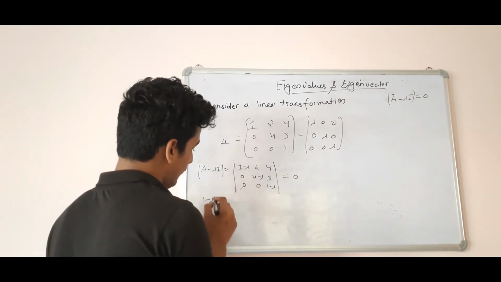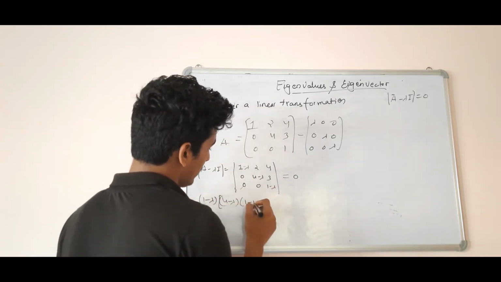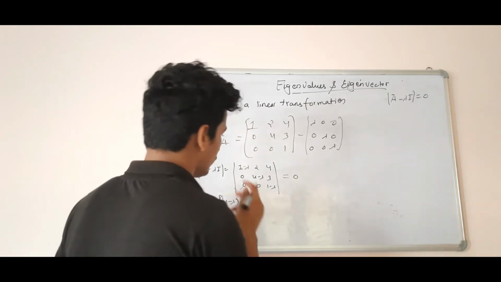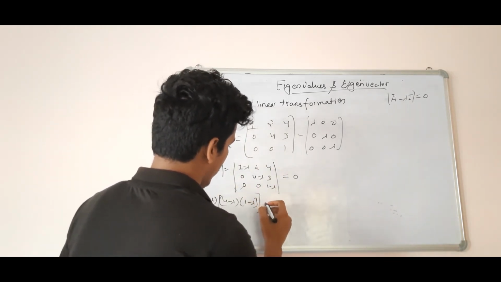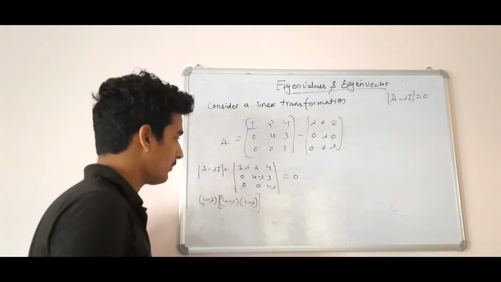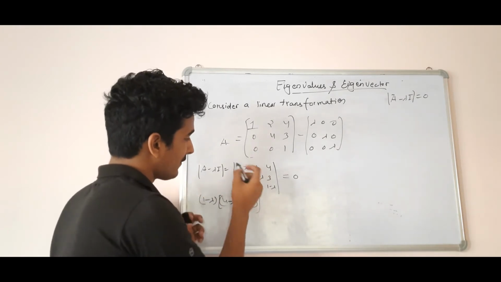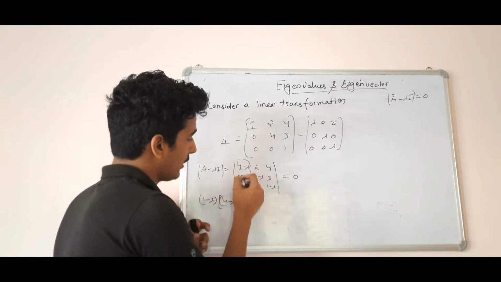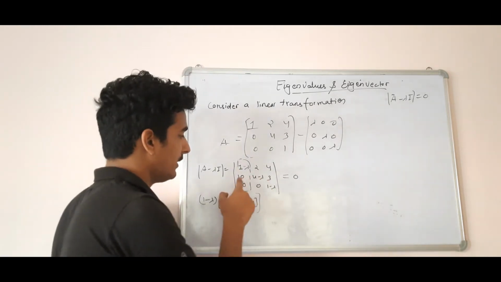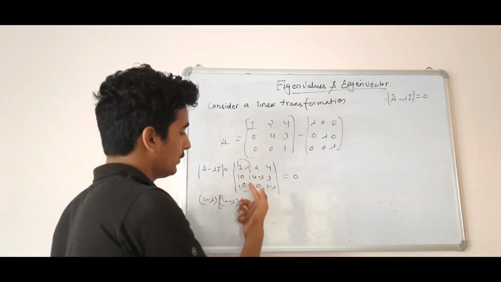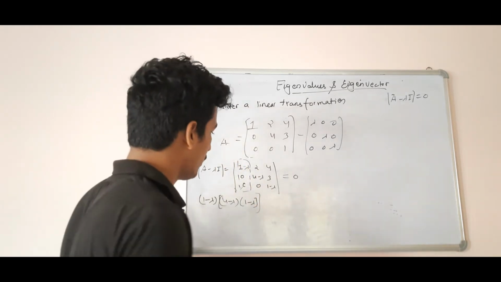The first element is 1 minus lambda, and the other two elements are 0, so the terms corresponding to them become 0.